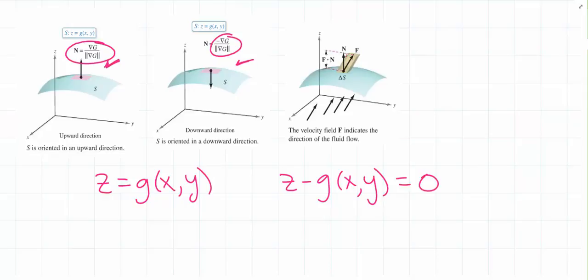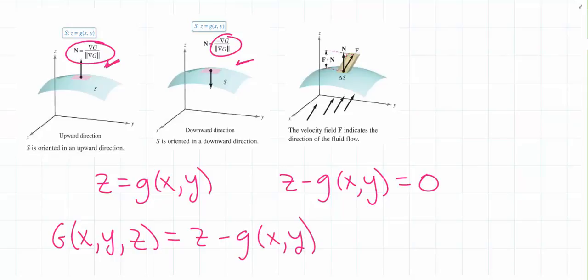Now what I have here is a level surface. For that particular surface, z equals g of x y, if I take the gradient of this capital G, what I'm going to get is a formula for orthogonal vectors. So let me go ahead and do that.